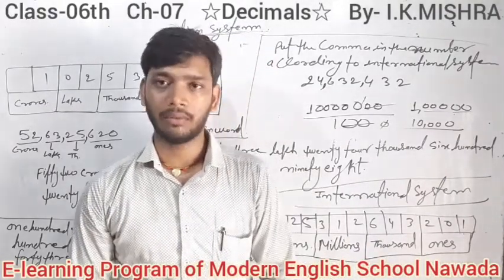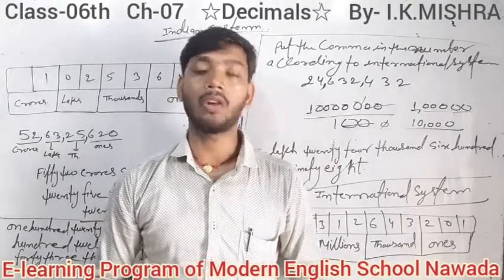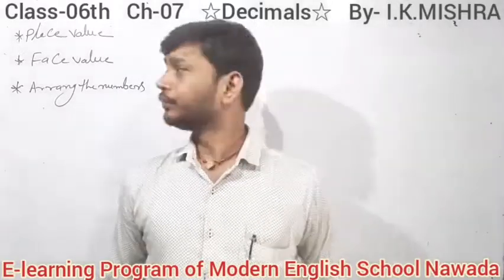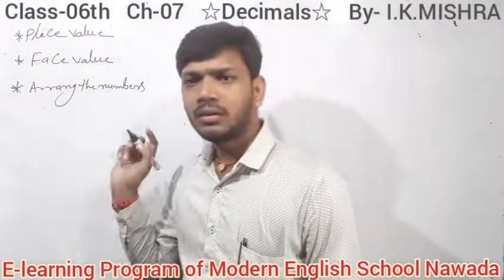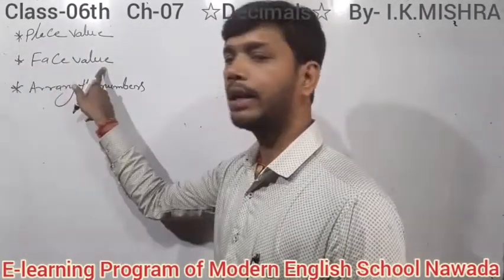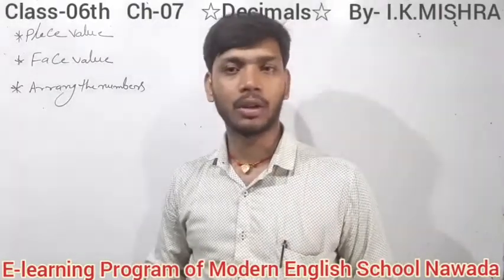I think you have understood all of this. Now proceed to know mainly 3 topics: place value, face value, and arrangement of numbers in ascending and descending order.